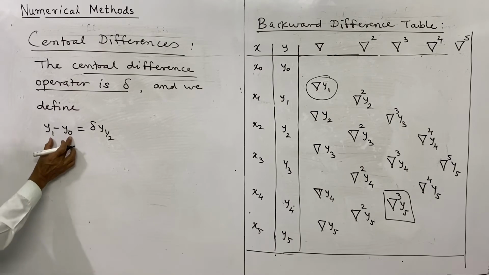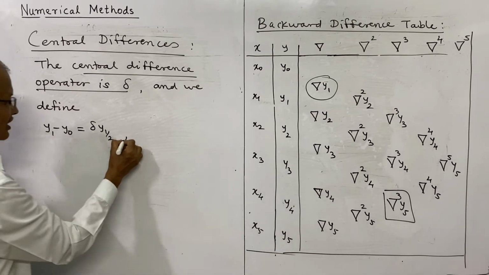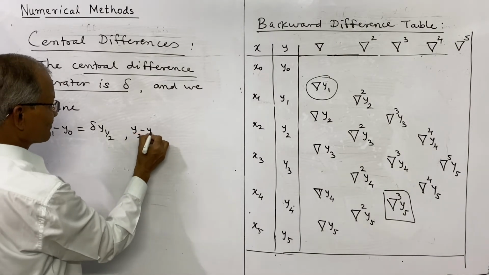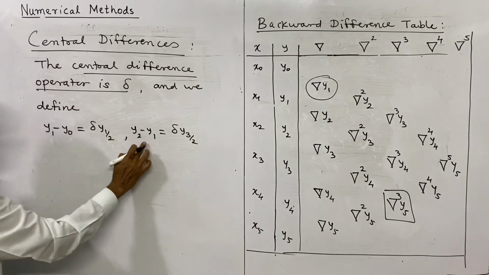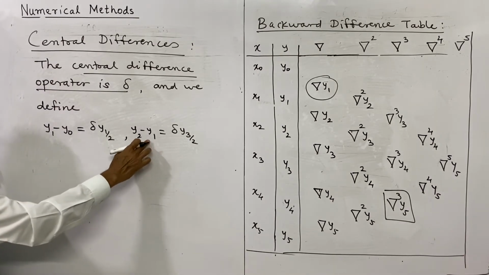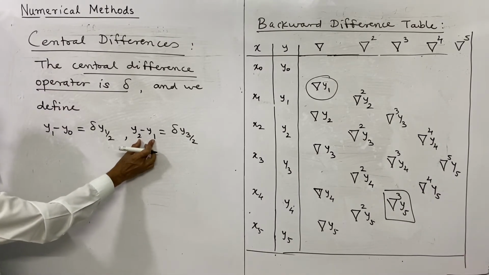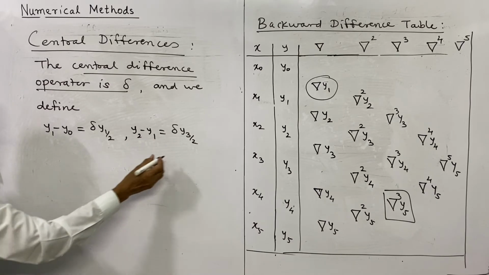Or we see the mean of 0 and 1, that is half. And similarly y2 minus y1 is delta y 3 by 2, since the mean of 2 and 1 is 3 by 2, and so on.